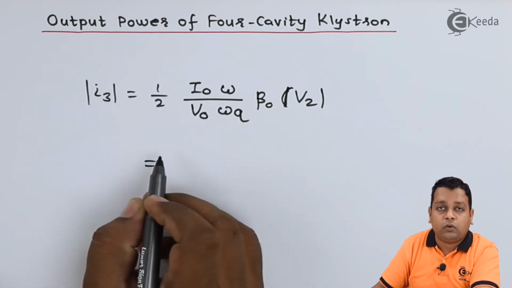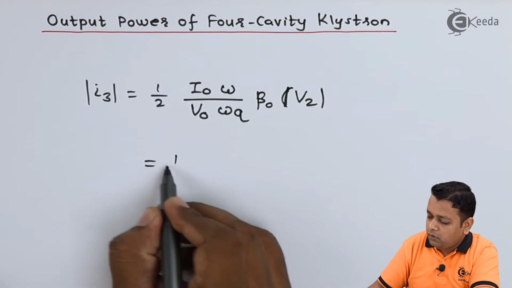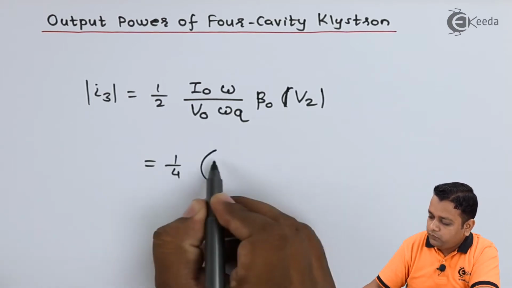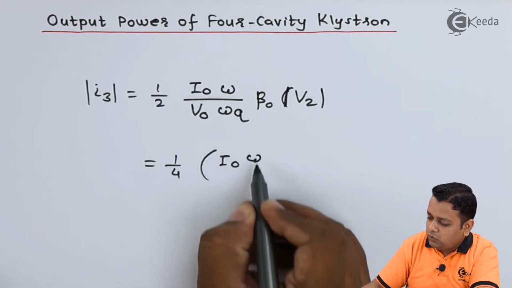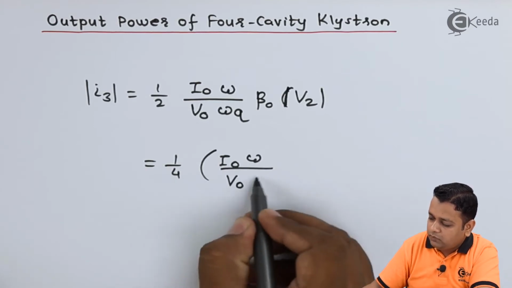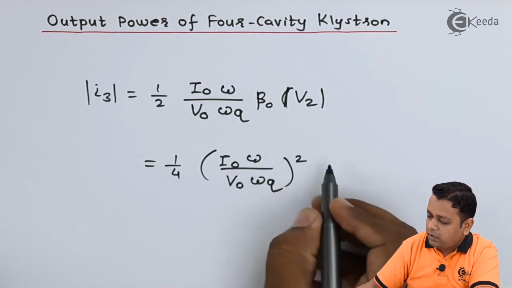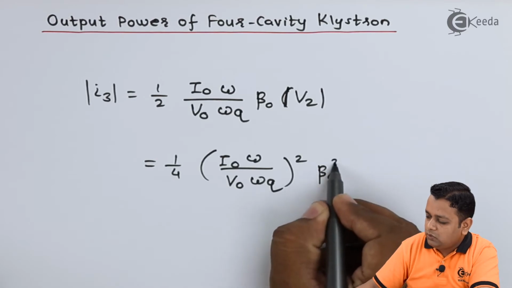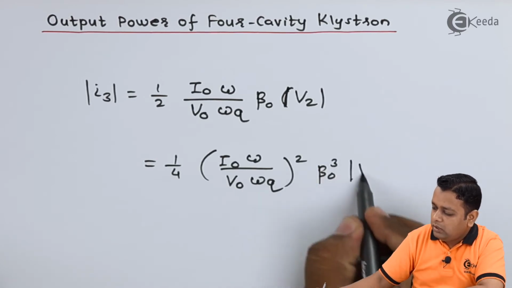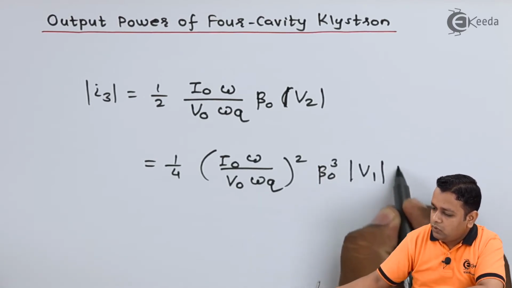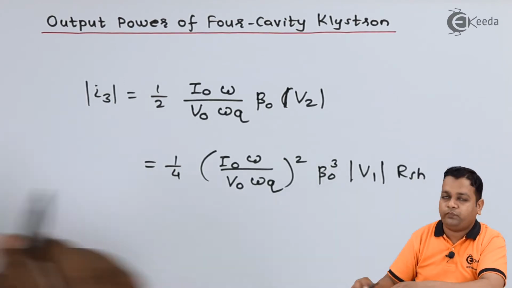Further it can also be written in terms of 1/4 (I0 ω / V0 ωq) squared, β0 to the power of 3, into V1 into RSH here. So in the equation RSH denotes the shunt resistance. Now the output voltage of the same second intermediate cavity can be given by the equation.